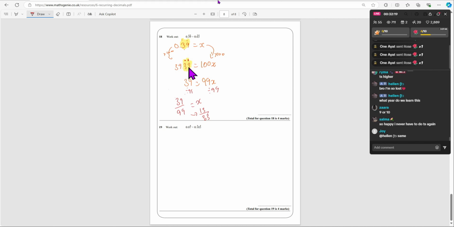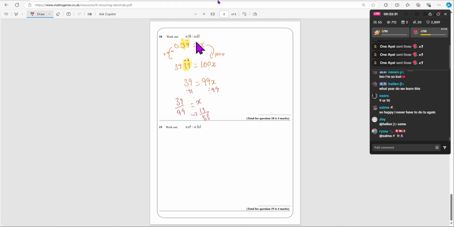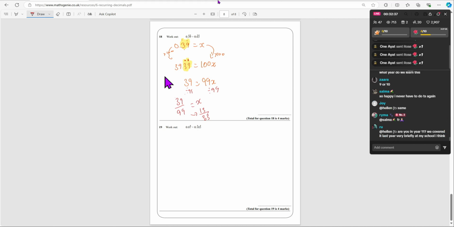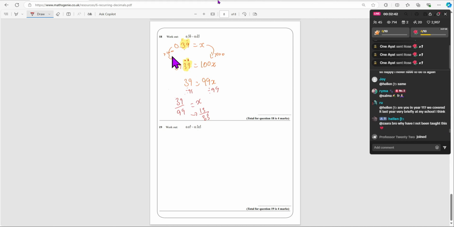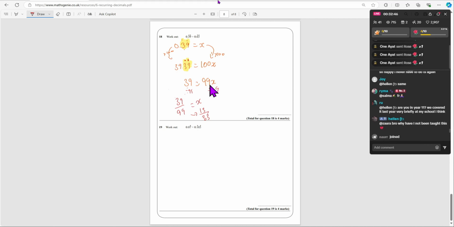So 39.39 recurring is equal to 100x. Now I highlighted that the decimal places, that 3 and 9, are recurring on both x and 100x. So we know that we can cancel them out. The whole point of doing this is to cancel out those recurring decimal numbers, okay? So I got 99x. 99x is 39.